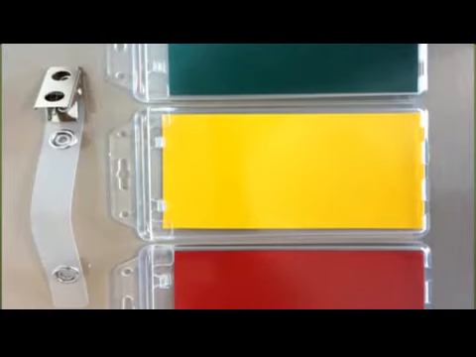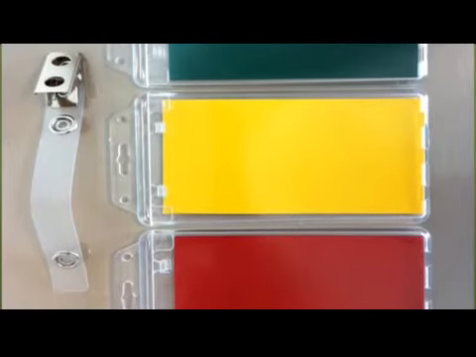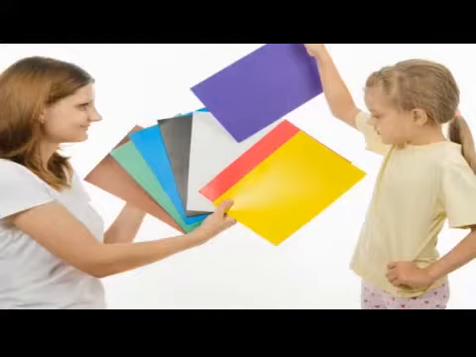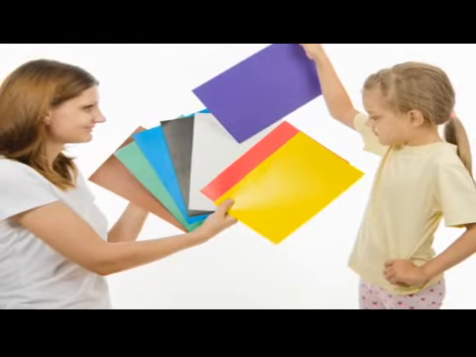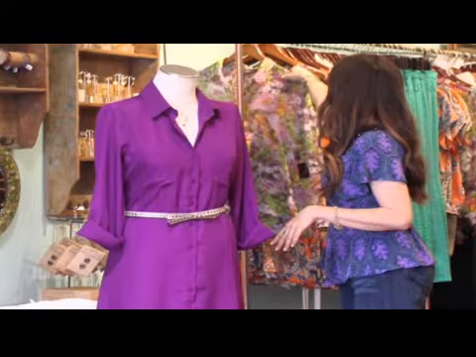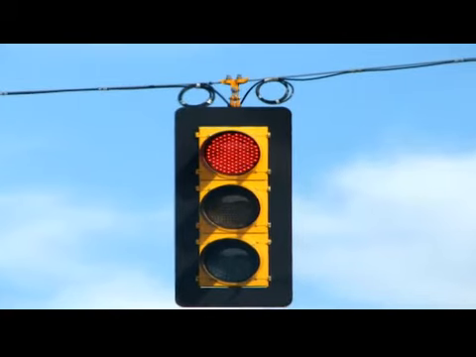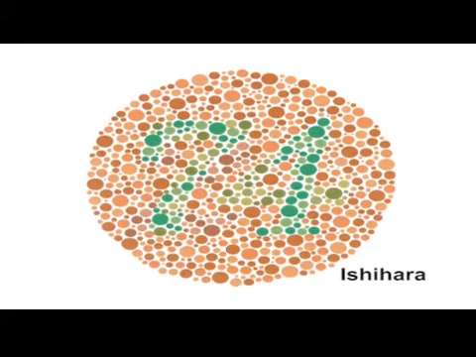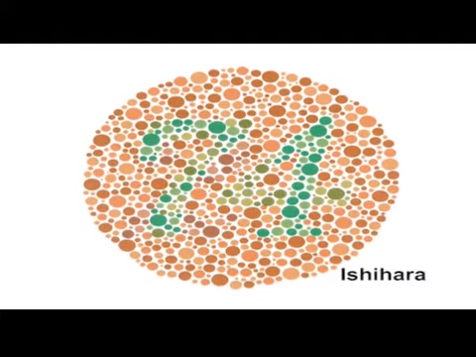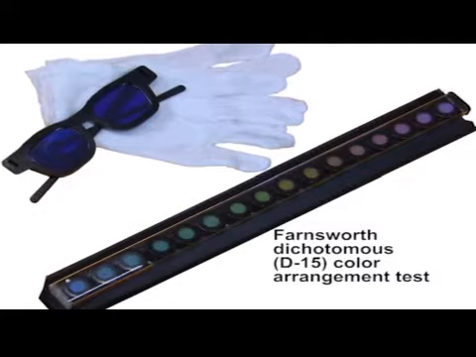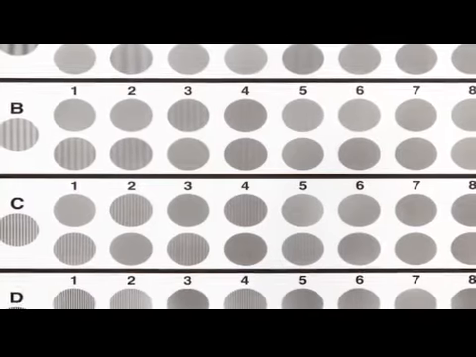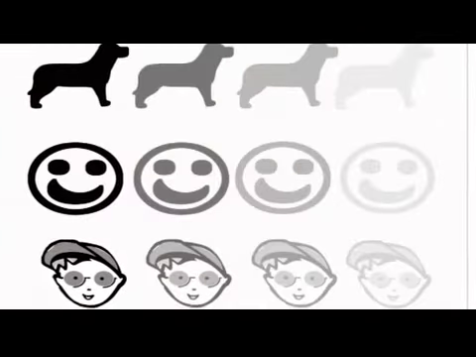Color vision test indicates the level of difficulty a patient may have in performing certain tasks that require processing of color information, such as matching clothes, recognizing traffic signals, etc. Most commonly used color vision tests are Ishihara and Farnsworth dichotomous color arrangements test. Contrast sensitivity indicates the ability to detect objects of low contrast.